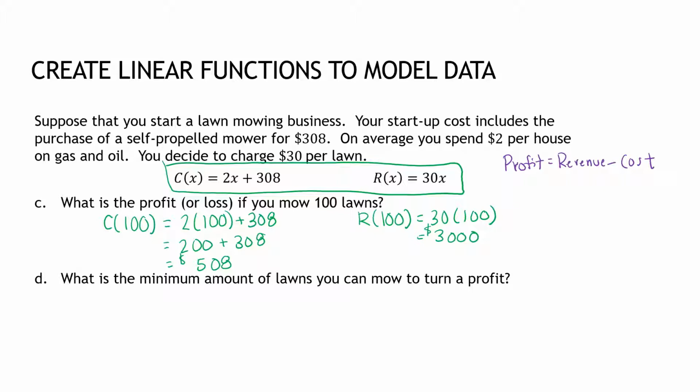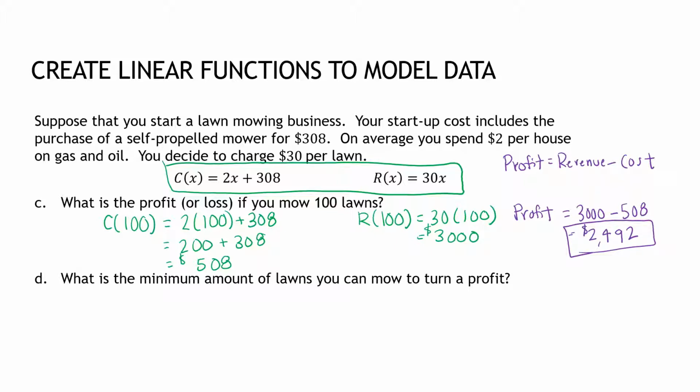So let's go ahead and find the profit, which would be 3,000 revenue minus cost of 508, which gives me $2,492. So what is the profit or loss? I had a profit of $2,492. The other way I could have gone about that is to combine those two functions together and go from there, but the way that we did it is just fine.